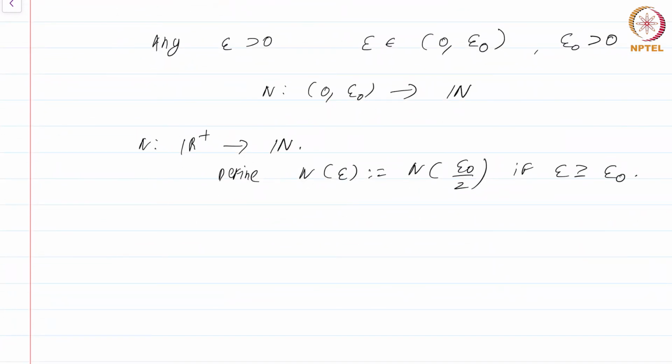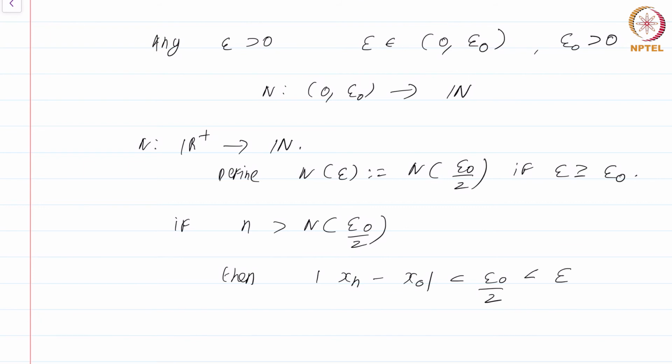Well, if small n is greater than N of epsilon naught by 2, then mod x_n minus x naught is certainly less than epsilon naught by 2. But if epsilon is greater than or equal to epsilon naught, this is certainly less than epsilon as well. Okay. So the definition of convergence is satisfied for this new function N from R plus to N.